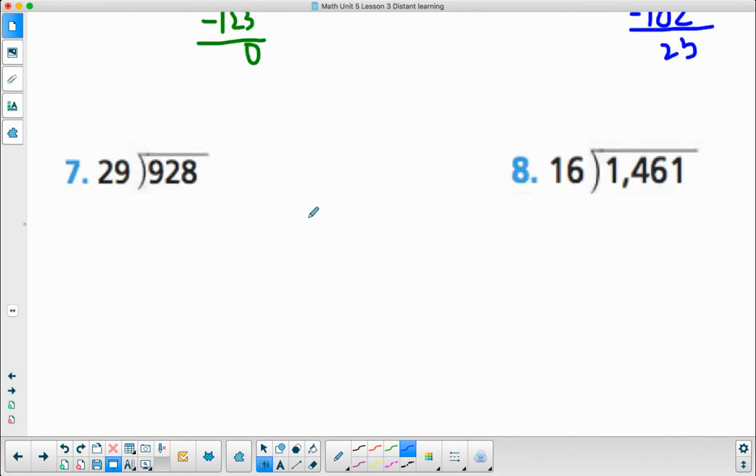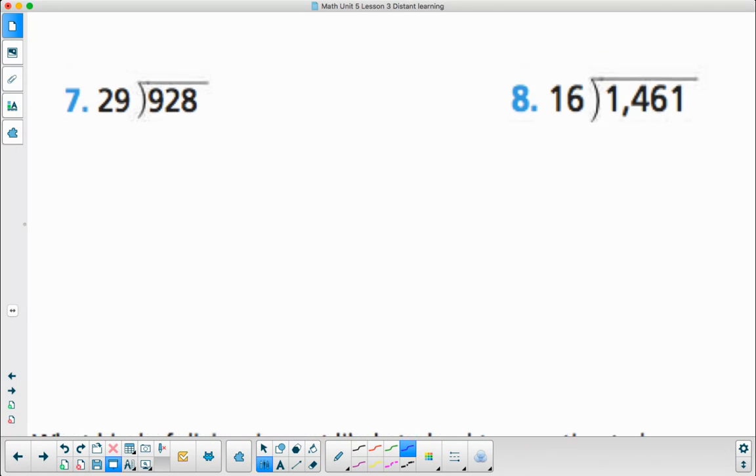Let's try 29. 29 I'm going to think of as 30. There aren't any 29s here, but there are 29s in 92. There are how many 3s in 9? There are 3, so my estimate would be 3.